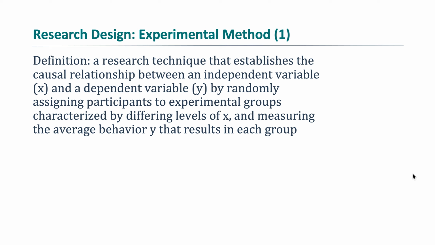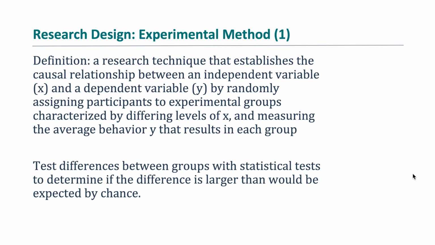For another one, it's going to be synchronous work, which is you're in a class with a teacher, and then you have synchronous online, so online with a teacher. And we want to say, how do each of these different groups impact GPA? The GPA would be our dependent variable, where the teaching style would be our independent variable. And we're going to randomly assign people into each of those different conditions. So that would be an example of an experimental design.